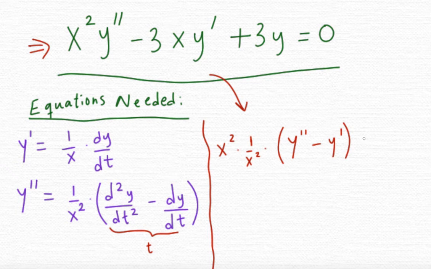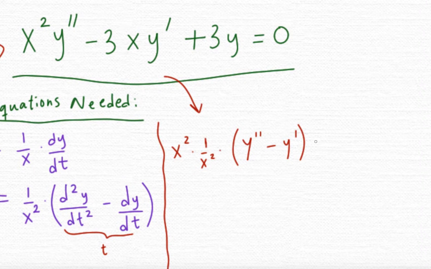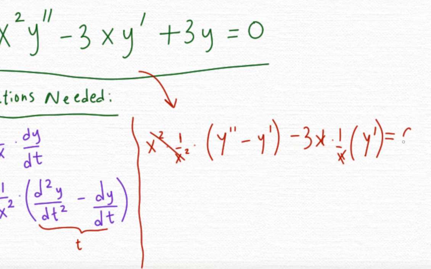And then minus 3 times x, and then that cancels out with the 1 over x. Then multiplying by the derivative, differentiating now with respect to time, dy by dt, so it's y prime. You can just cancel out x squared and x squared. And I forgot, it's homogeneous, so equals 0.